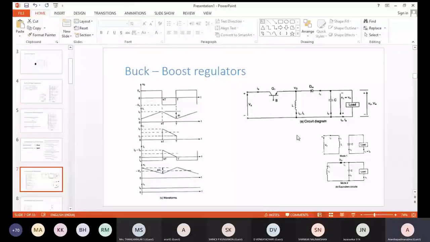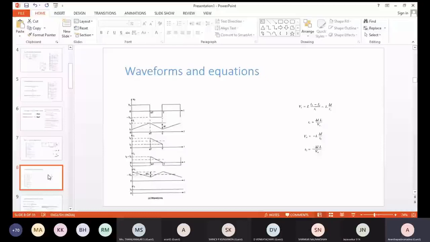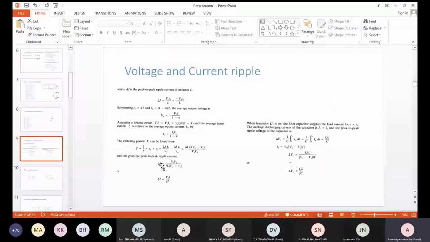So we will take the help of once again the same theoretical concept, volt-second balance. We are applying the volt-second balance, or you can say capacitor charge balance, whatever it may be. We will arrive at the same results. So with that, we are able to find out the current ripple, delta I, that is the ripple current through the inductor, and the delta VC, the voltage ripple across the capacitor.